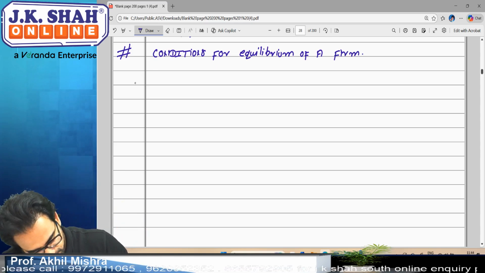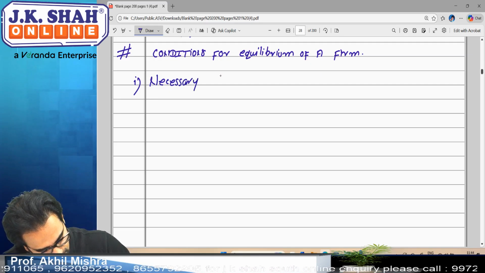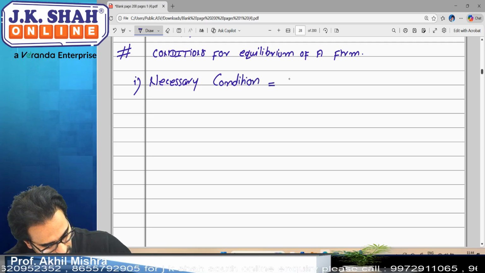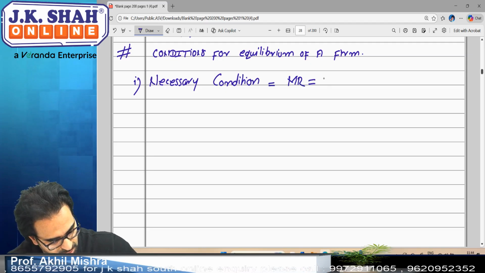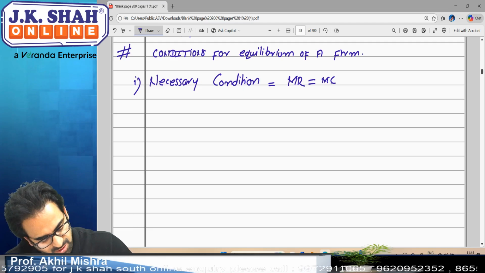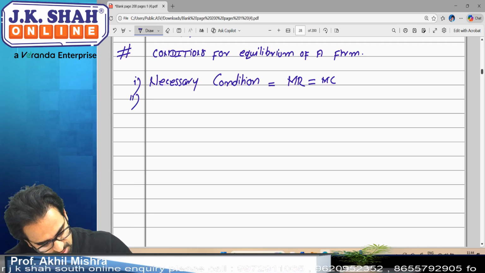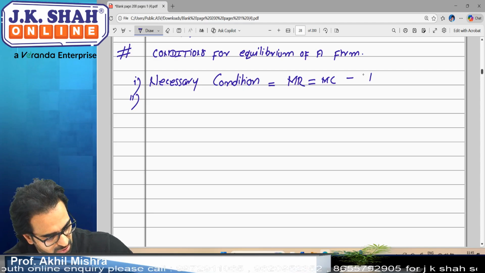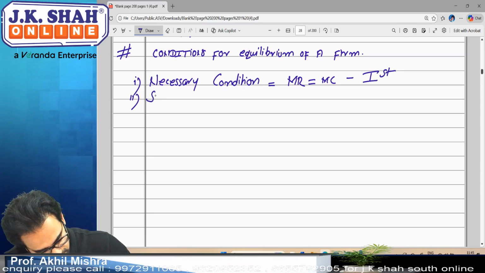One is called the necessary condition, where your MR is equal to MC. Marginal revenue is equal to marginal cost. This is the first condition, also called the first order condition. Then there is the sufficient condition.